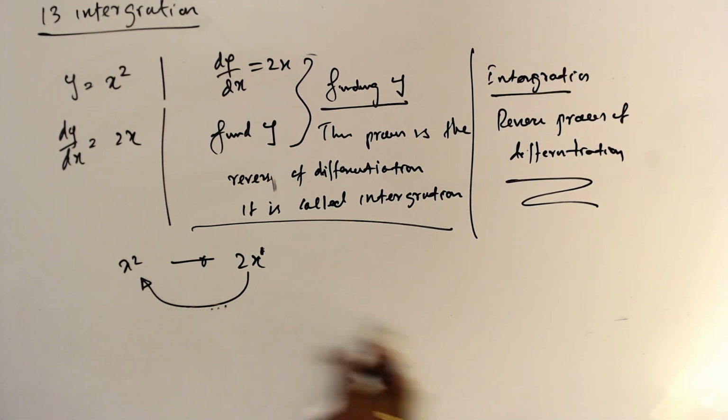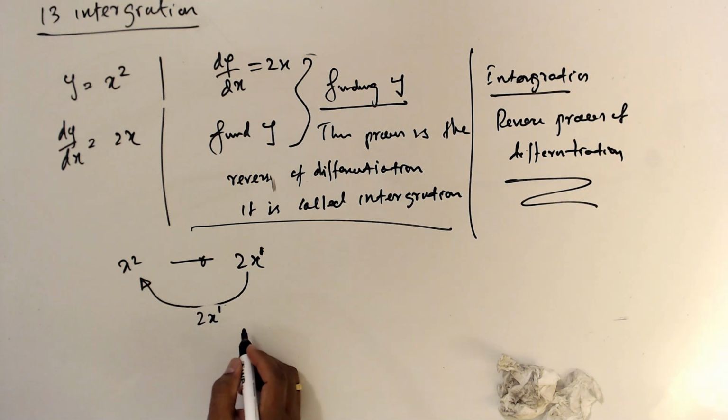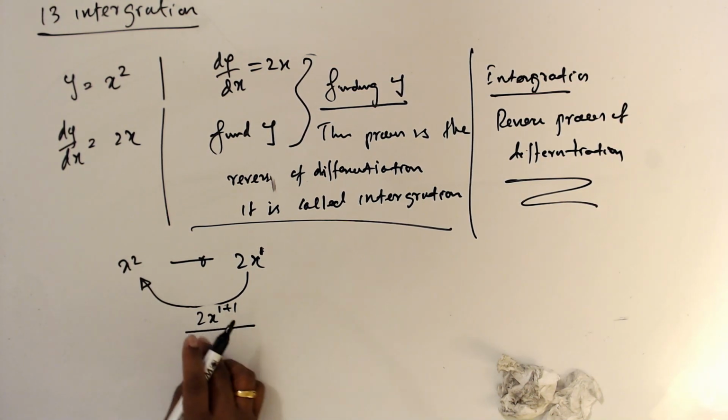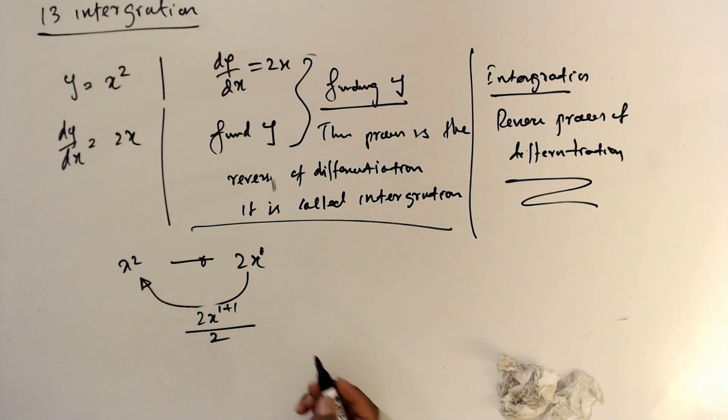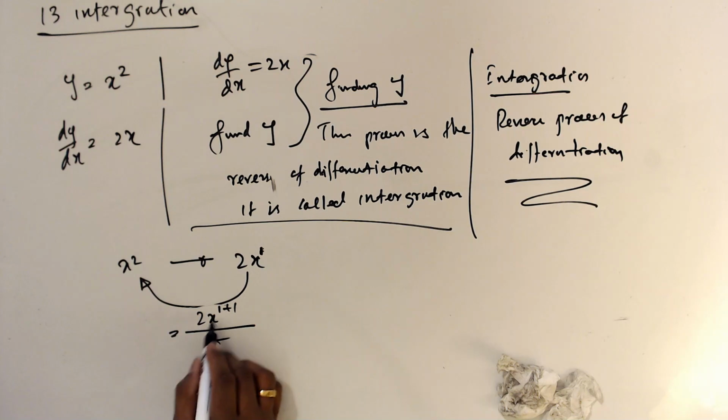Again, what do we do? Take 2x to the power 1, add 1, and divide by 2. So what is the answer? The 2s cancel out, x square.